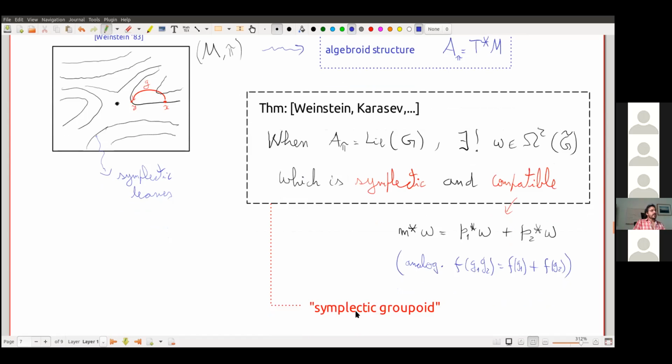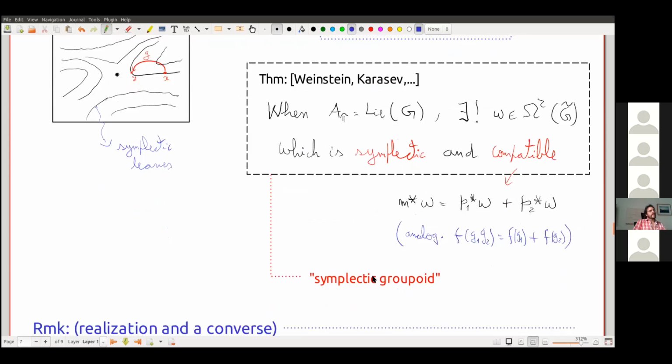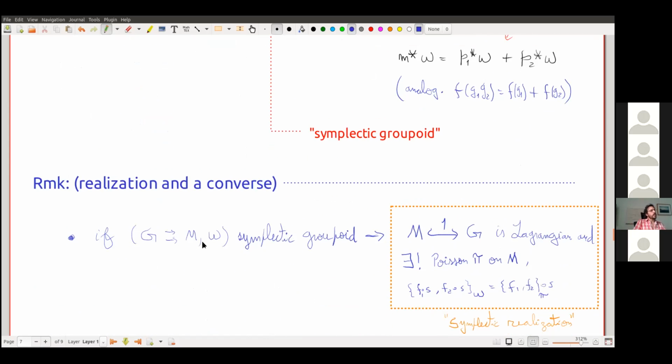So this gives rise to what is called a symplectic groupoid, and vice versa. If you have a symplectic groupoid, so M in principle is just the objects of this groupoid, there is an induced Poisson structure on M. So this gives an interplay between Poisson manifolds M and symplectic groupoids.